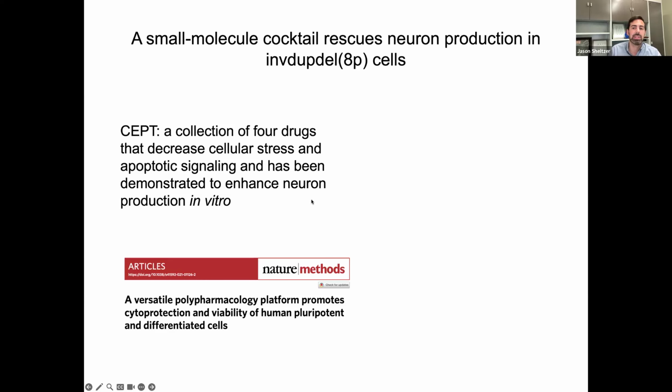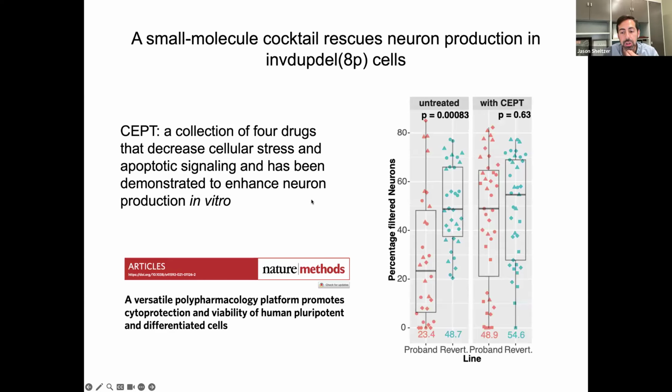And in fact, in the presence of CEPT, there's no significant difference in the production of neurons overall between the proband and the revertant. So here are 2 box plots showing this.